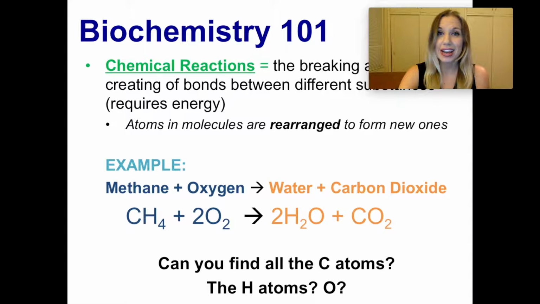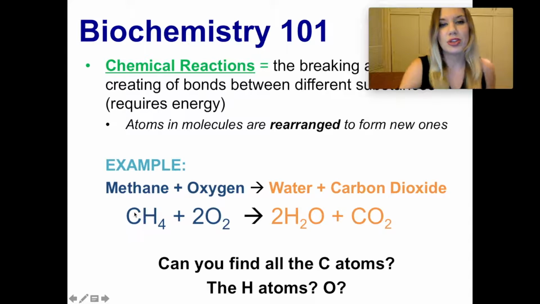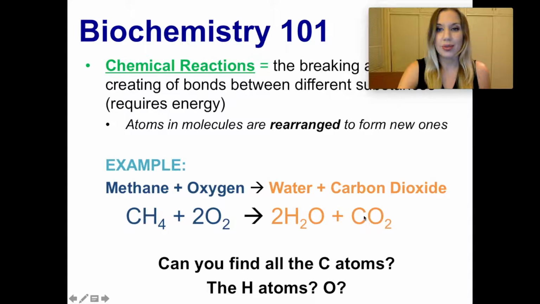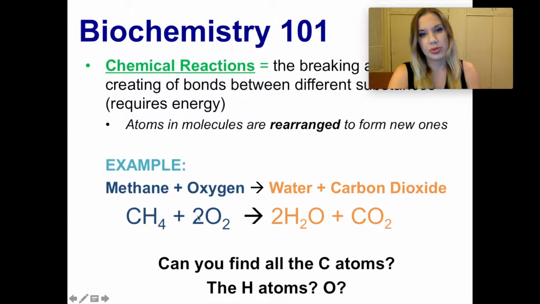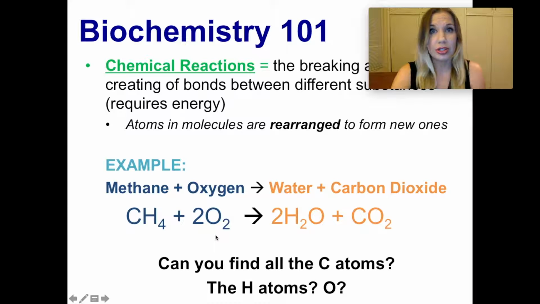If you did that for a second on your own, you notice that there's one carbon over here and one carbon over here. But instead of being bonded to hydrogen, it's bonded to two oxygens. Amazing, right? Those atoms were switched. They literally just jumped ship. And then you look over here and oxygen is just chilling by itself.